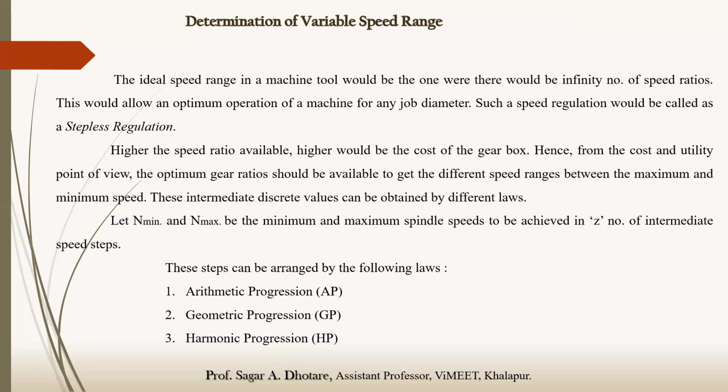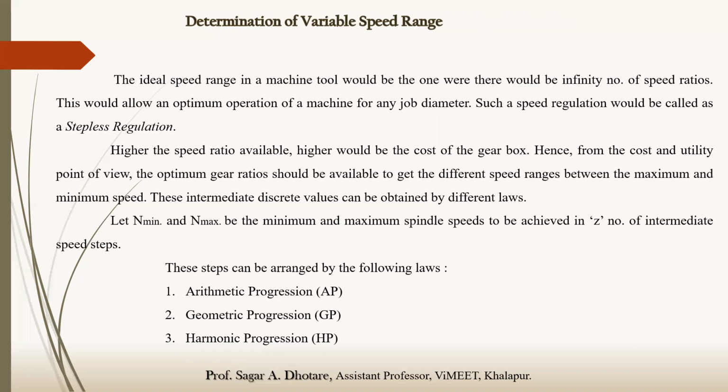The higher the speed variation available, the higher the cost of the gearbox. Hence, from the cost and utility perspective, an optimum number of gear ratios should be available to get the different speed ranges between the maximum and minimum speed.